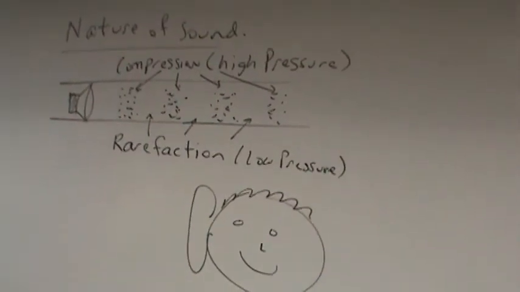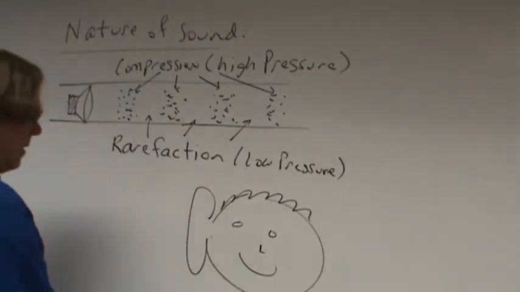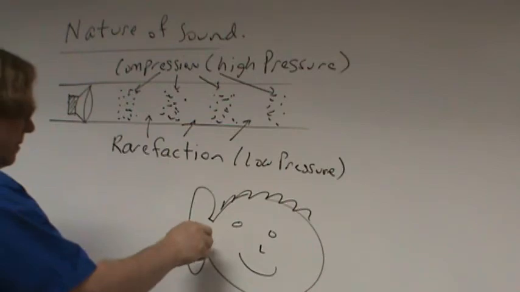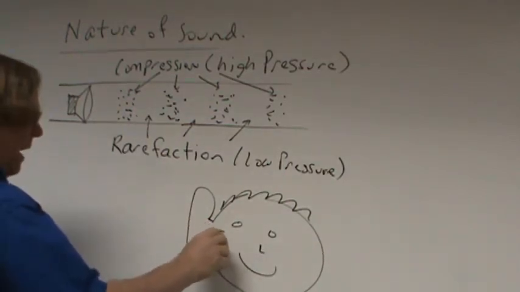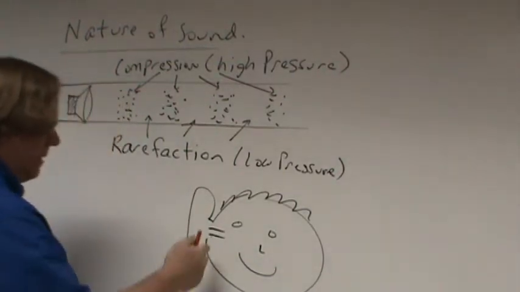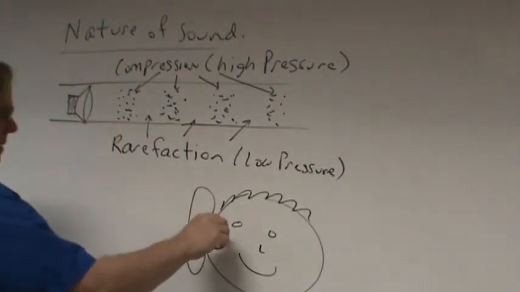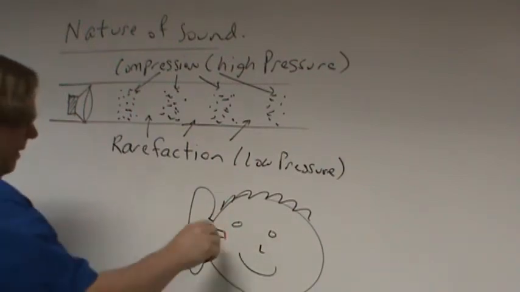So here's your human being. And this is his ear. And you know, you actually have an ear canal. And then what comes at the end of the ear canal? Yeah, you got your eardrum. And then you got your inner ear.